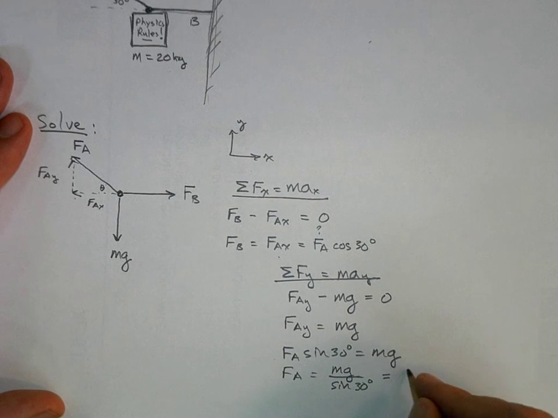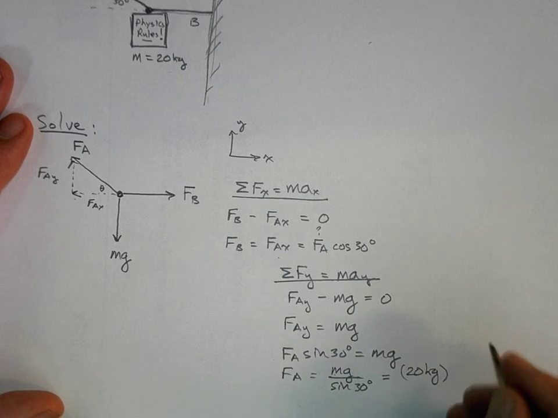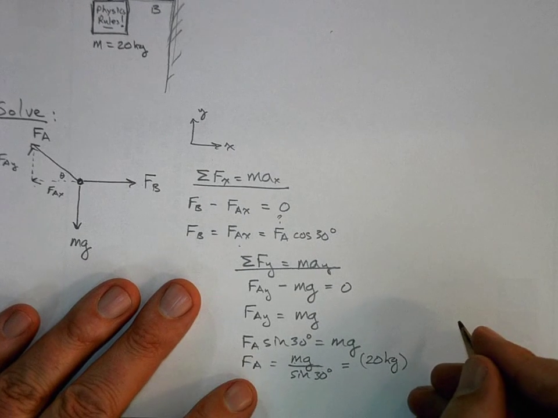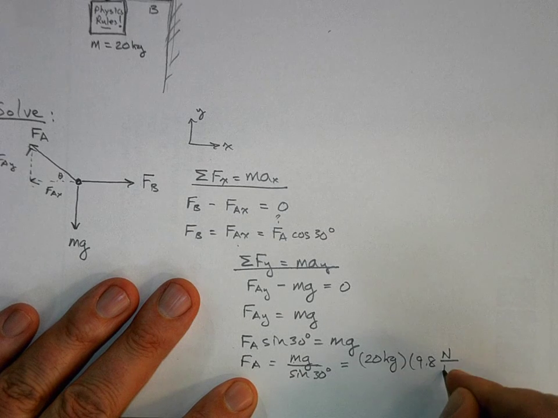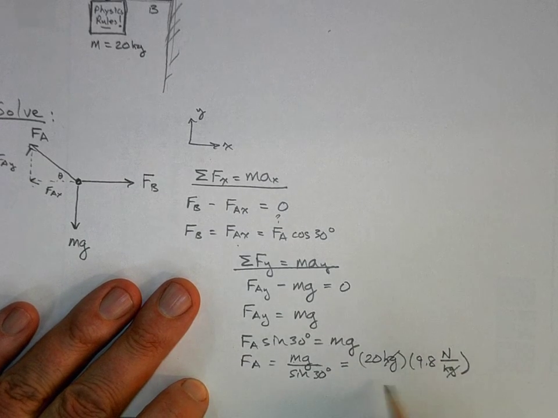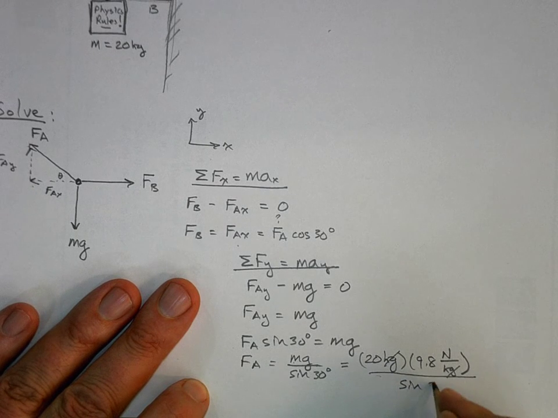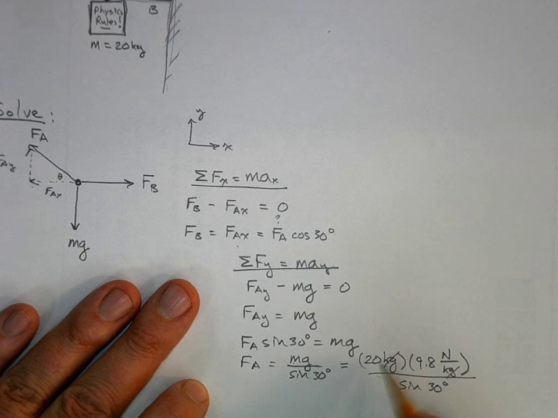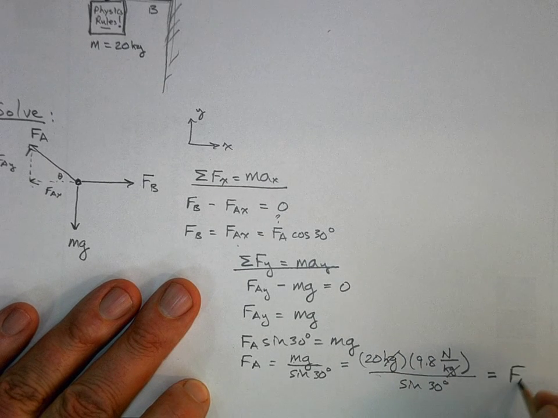So that's going to be 20 kilograms times 9.8 newtons per kilogram, divided by the sine of 30 degrees, which is 1/2, so you basically take this and double it. And from that you get FA.